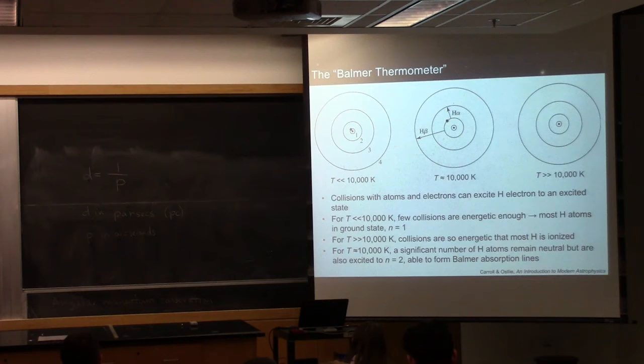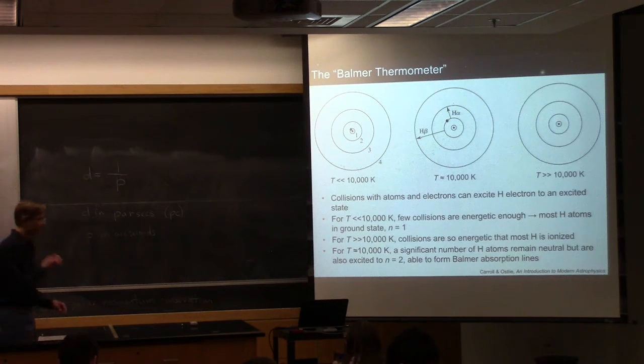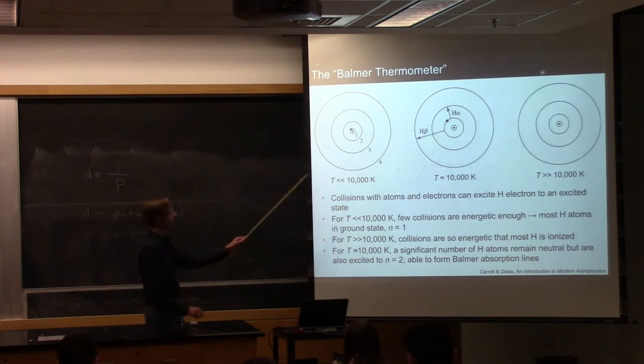So I like to think of it as the story of Goldilocks and the three stars. Goldilocks wants to find a star with nice, strong hydrogen lines because, I guess, she thinks they're pretty. And so, first Goldilocks goes to a cool star, a star whose temperature is much less than 10,000 Kelvin.